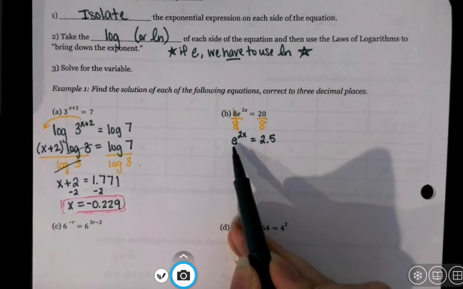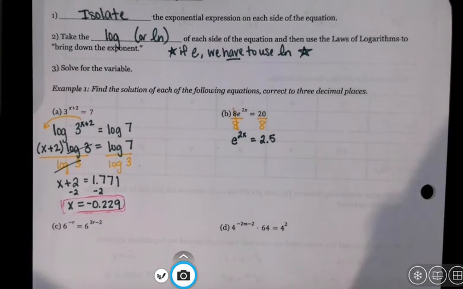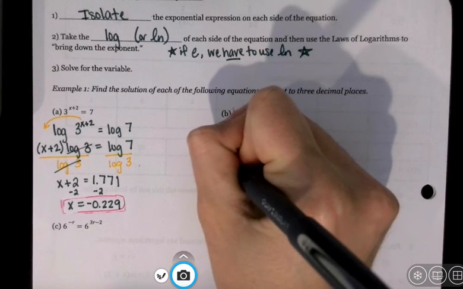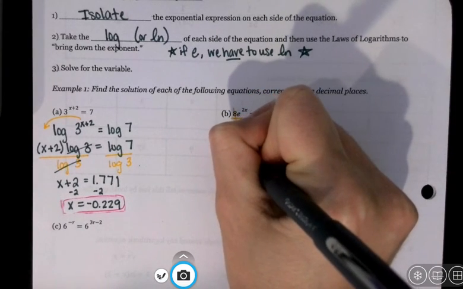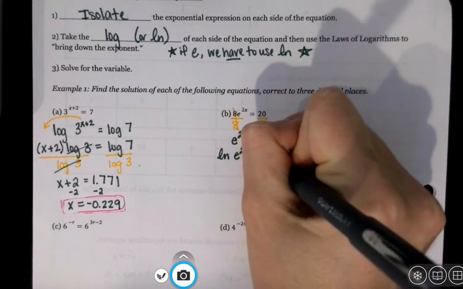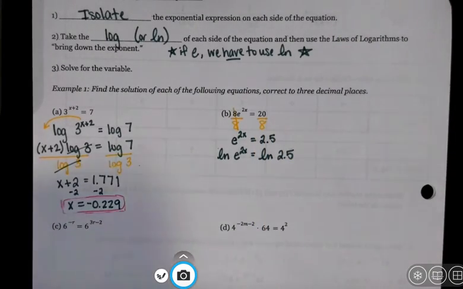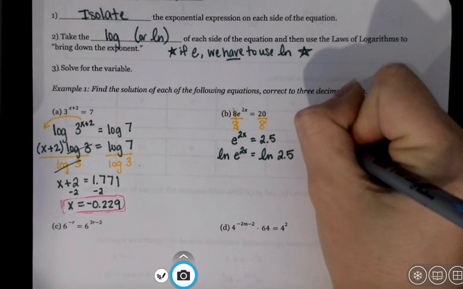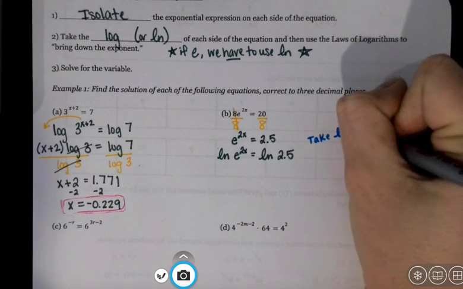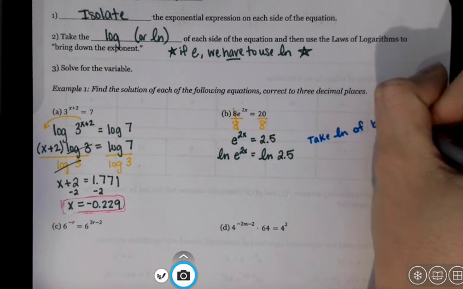If I have e, I have to use natural log. So I'm going to rewrite this as the natural log of the left side and the natural log of the right side. And then I'll write a note, so we can remember if we look back at our notes later on: we're going to take ln of both sides.